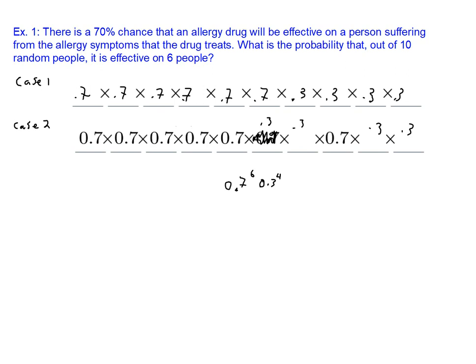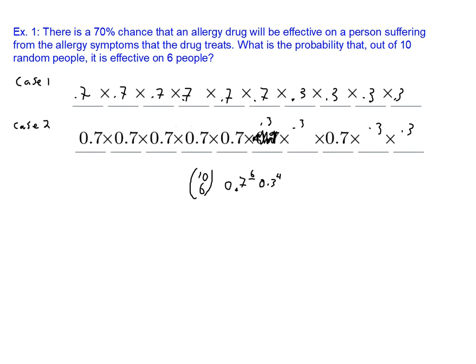Obviously, there are 2 cases here, but there are a whole lot more. In order to figure out how many cases there are, we want to look at how many ways there are to choose 6 people from 10 for whom the drug will be effective. That's just equal to 10 choose 6. So there are 10 choose 6 ways to choose those 6 successes. Then we multiply that by the probability of success to the exponent of the number of successes that we have.